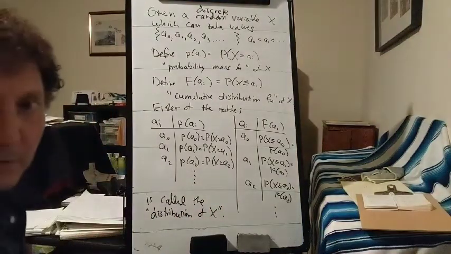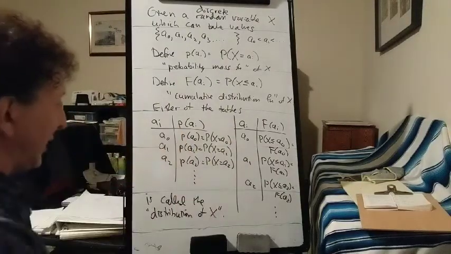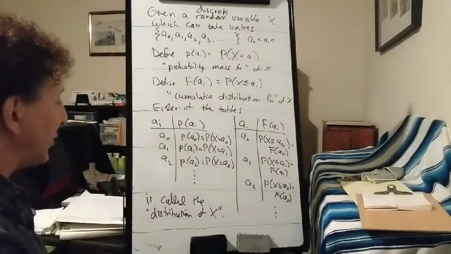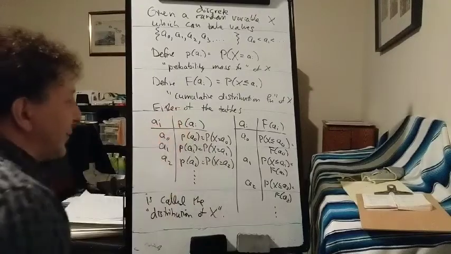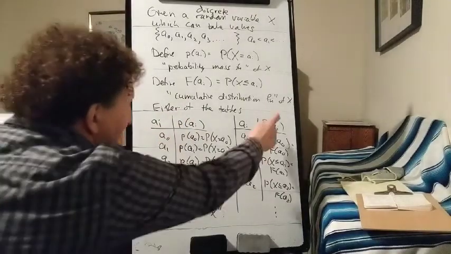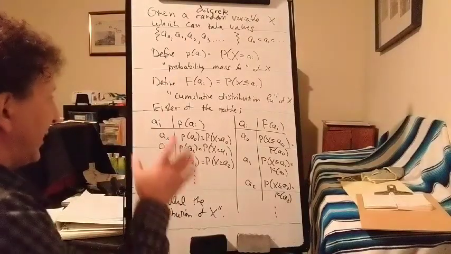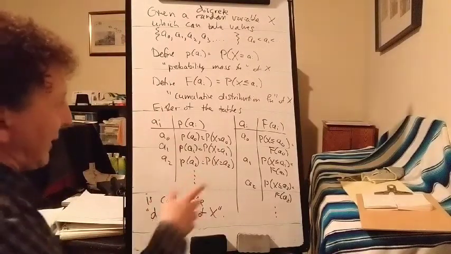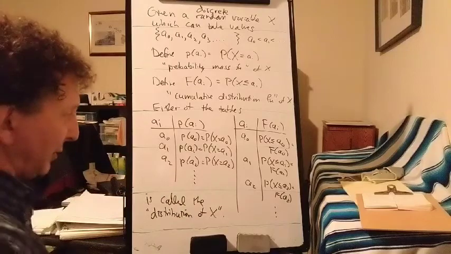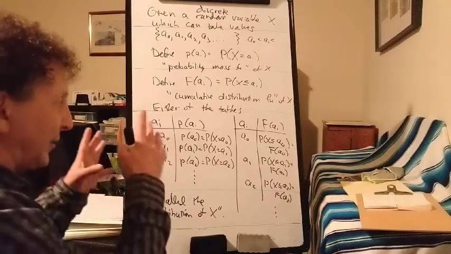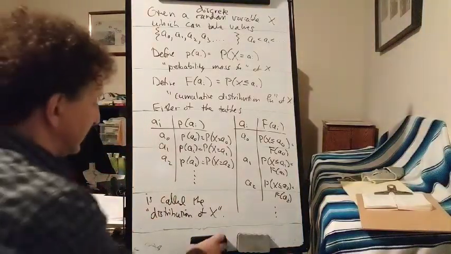Now, maybe that could be slightly confusing because we've got two different tables here, and if I say distribution of X, I might be thinking of this, and if someone else says distribution of X, they might be thinking of that. But they're equivalent tables. If we have one table, we can get the other. So all the probabilities that we want are given by either one of these tables.